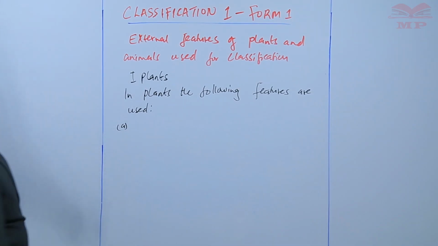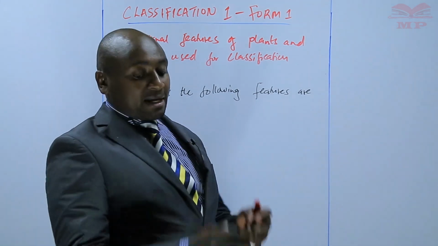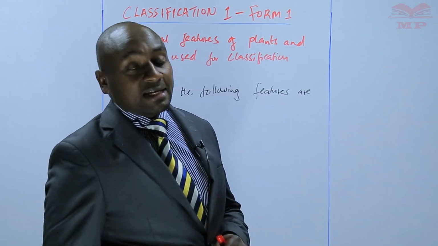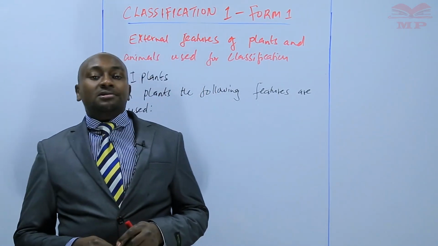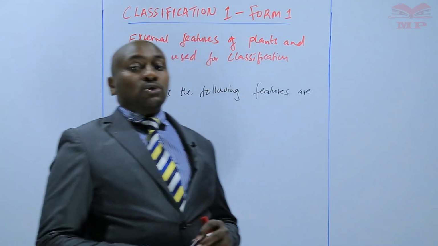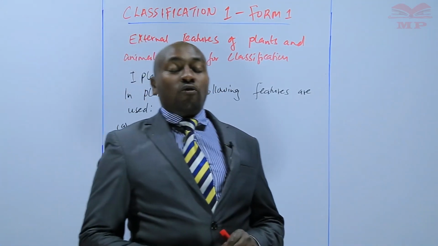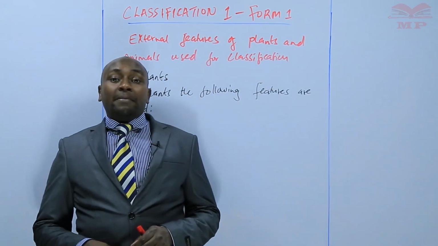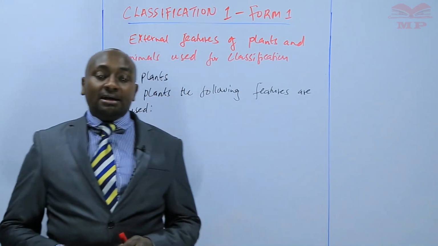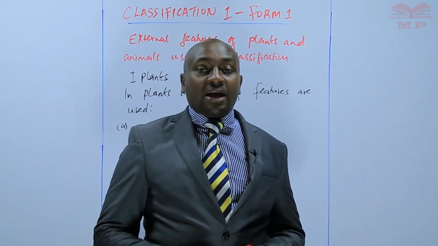A, we have what we call the simple plants, the plants that do not have very complex structures, such as the moss plant, the liverworts, and so on and so forth. So those ones we classify based on the presence of rhizoids, based on the presence of seta, or the filament, and also the capsule.